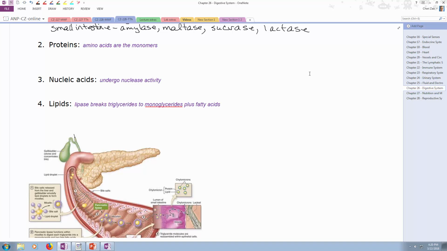Proteins, you guys were great, knew that the monomers for proteins were amino acids, and so we started our protein digestion in the stomach, right? So protein digestion starts in the stomach. And what's the enzyme responsible for protein digestion in the stomach?